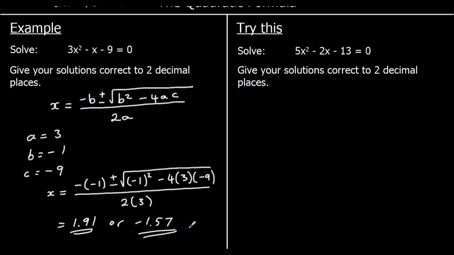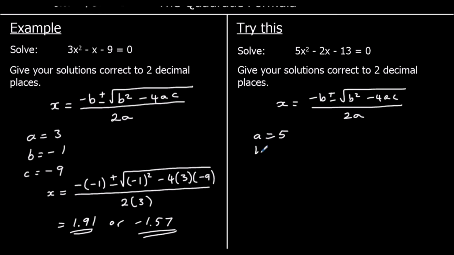Okay, one for you to try, so give this a go. So in this question, A is 5, B is -2, and C is -13.